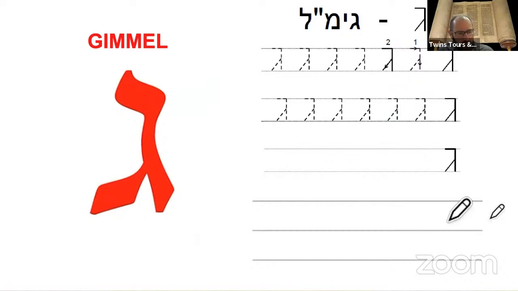Then Gimel is the third Hebrew letter. Again, with a dot, we pronounce it like God. With a dot, all right? This letter, Ge, God.